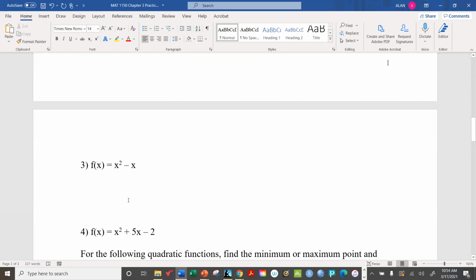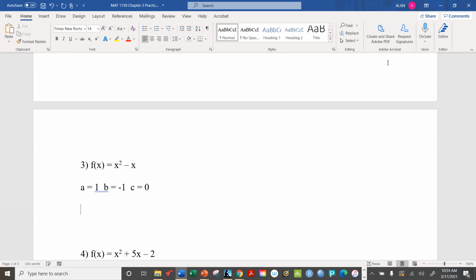Now for this one, you notice this one's interesting because C is 0. Now that won't affect h. So let's see, we got minus negative 1 over 2 times 1 equals 1 over 2. We can just leave it like that.